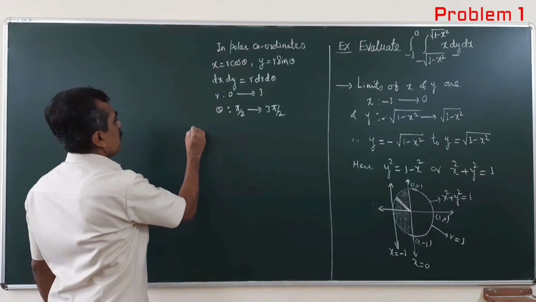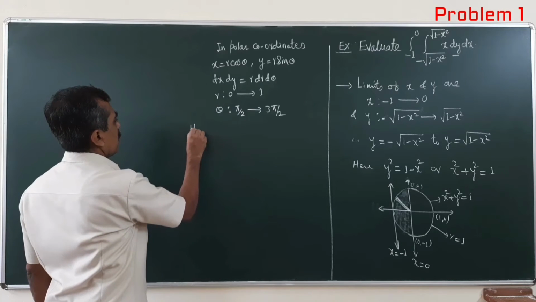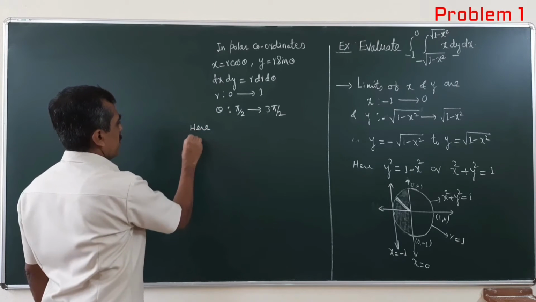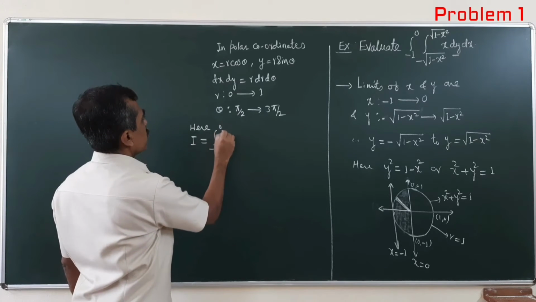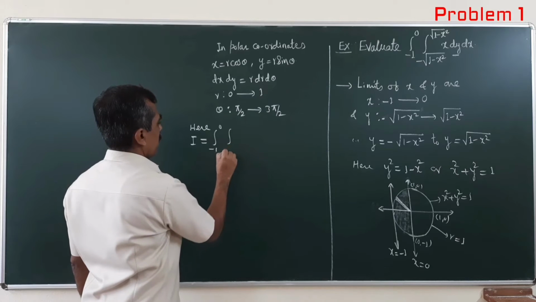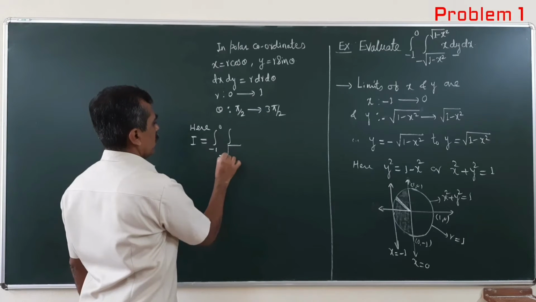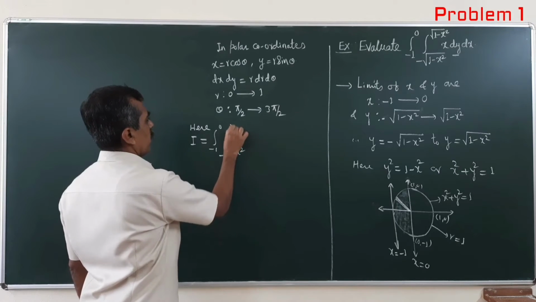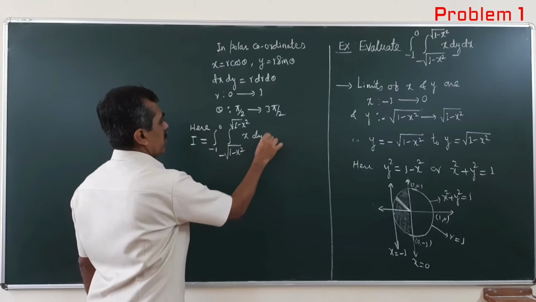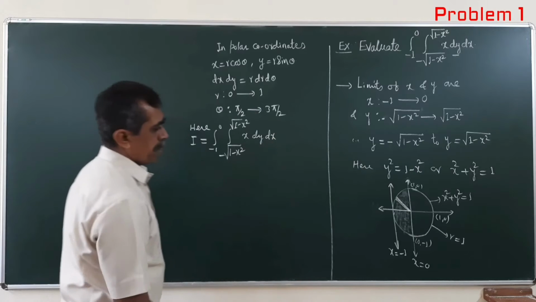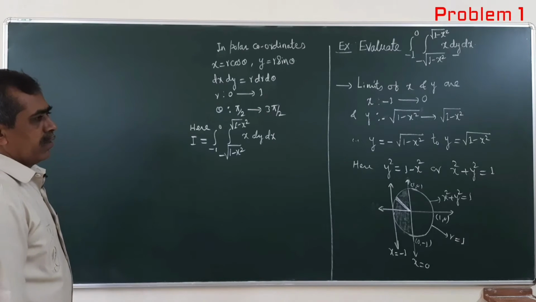Here, I is equal to the integral from minus 1 to 0, integral from minus under root 1 minus x square to under root 1 minus x square, x dy dx.